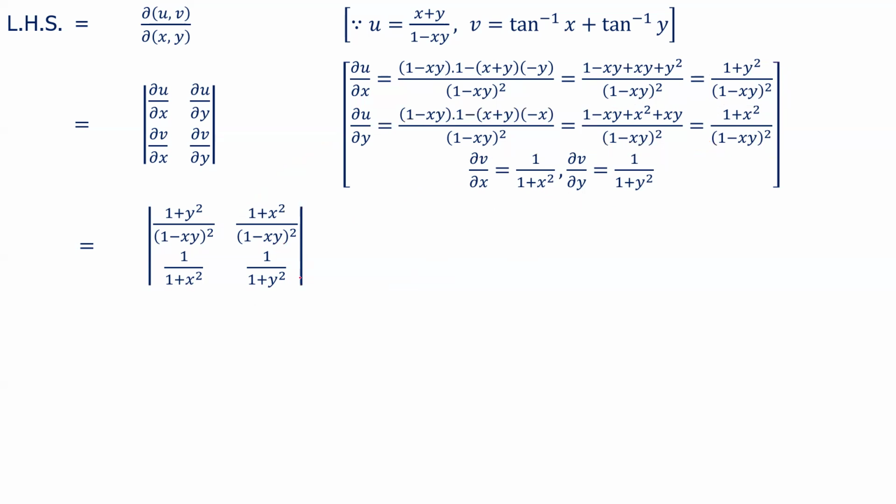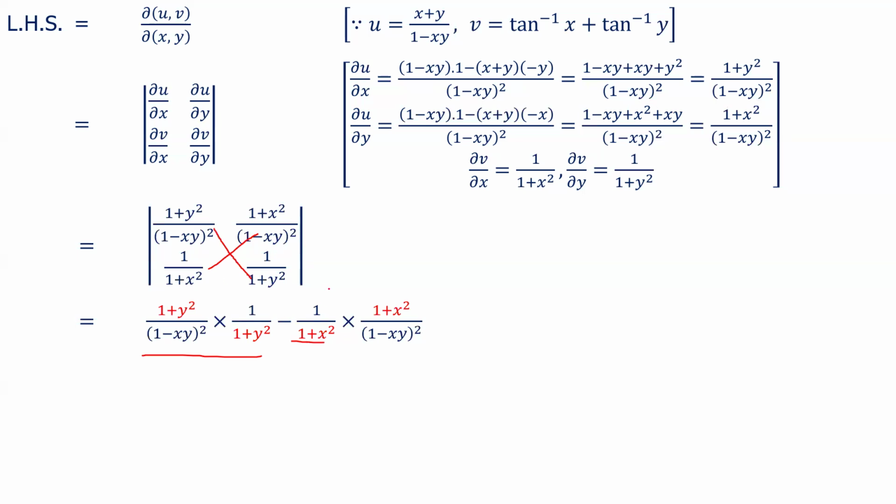Let us try to solve this determinant. We have to do cross multiplication, this into this minus this into this. So we can write (1 plus y square) into 1 upon (1 plus y square) minus 1 upon (1 plus x square) into (1 plus x square) upon (1 minus xy) whole square. So 1 plus y square with 1 plus y square, and 1 plus x square with 1 plus x square will cancel.